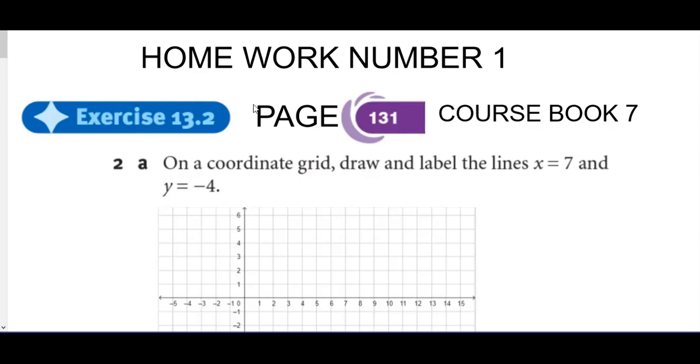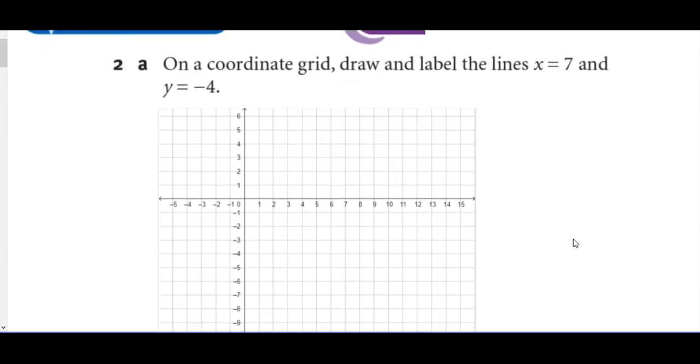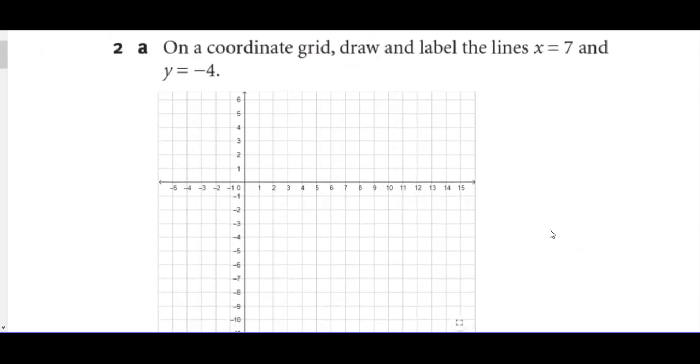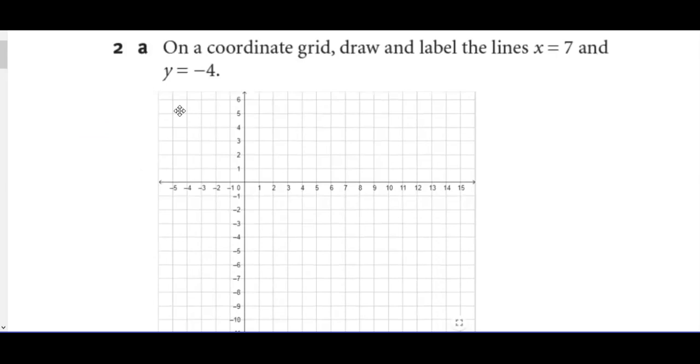So here we go. This is homework number 1, which is coming from exercise 13.2, page 151, course book 7. It was question number 2 from the textbook. The question says, on this coordinate grid here, draw and label the lines x equal to 7 and y equal to -4.